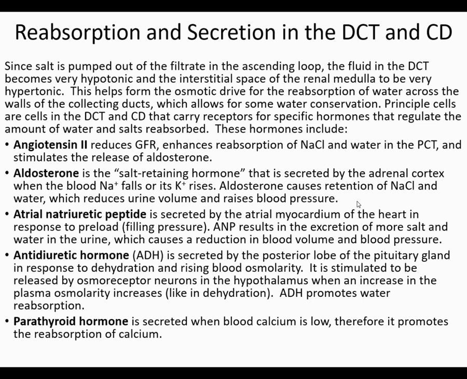Some of those same hormones we talked about just a little bit ago with regards to GFR also affect reabsorption and secretion in these last parts of our nephron. You guys finish writing, and we'll talk about it.